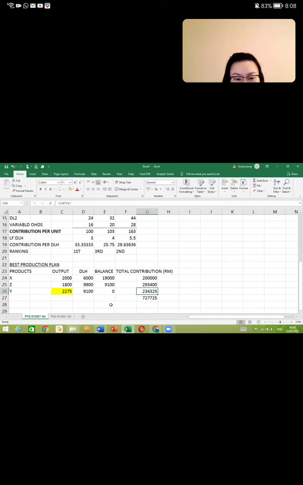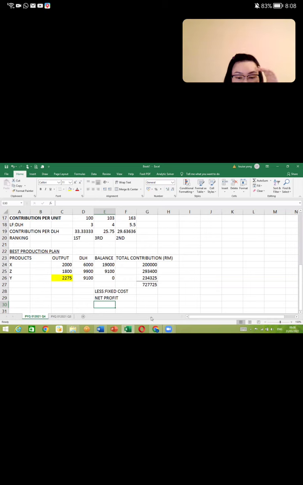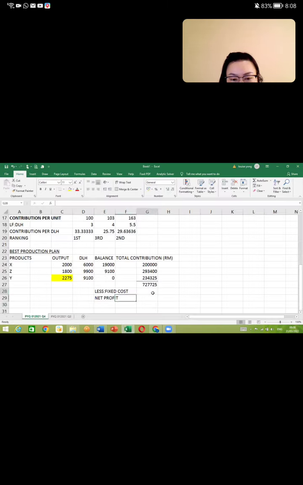Then after that, less your fixed cost. Then you will get your net profit. 你的 fixed cost 是多少呢？看回去题目，fixed cost for the period 400,000. So minus 400,000.